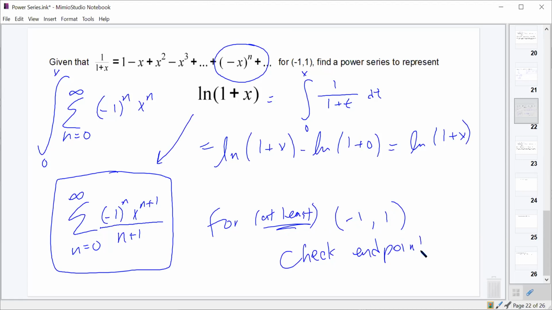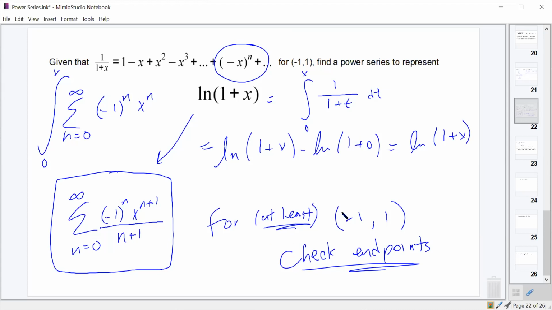It's not something we're going to really be able to do super well at this exact moment, but we're going to try to in the last 5 minutes or so here. But whenever you integrate a function to find a new power series, the new series converges for at least the same interval, and it might converge at the endpoints as well. All right, so that's an important point for us to note.